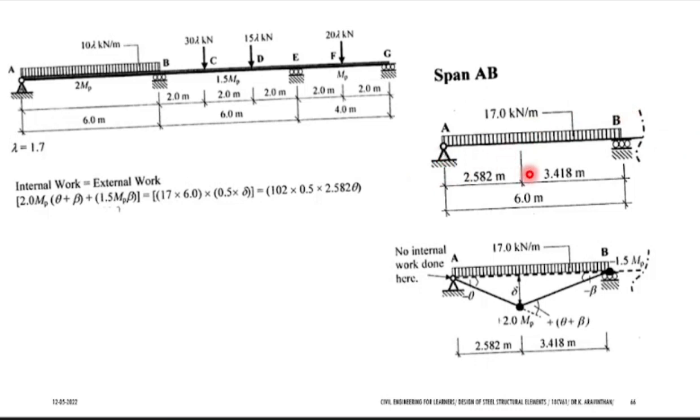After writing this mechanism, since this is a UDL, what will be the ratio of the plastic moment? 0.414 L. So what is 0.414 L? 0.414 into what is your L? 6. If you multiply, what is your answer? 0.414 into 6 is 2.582.